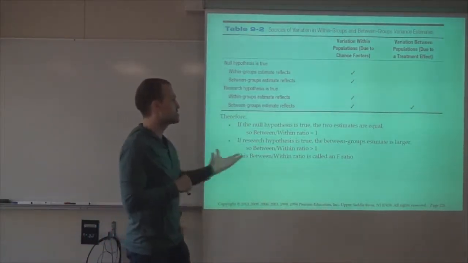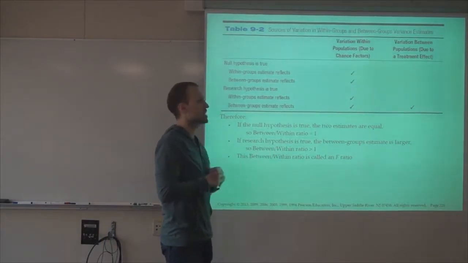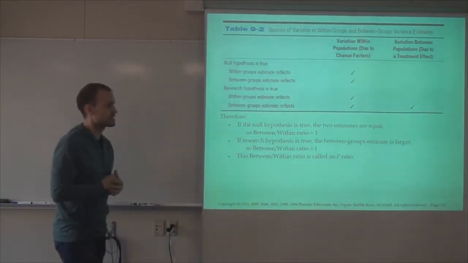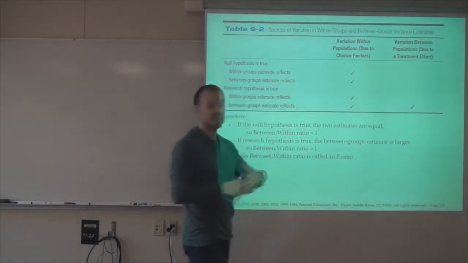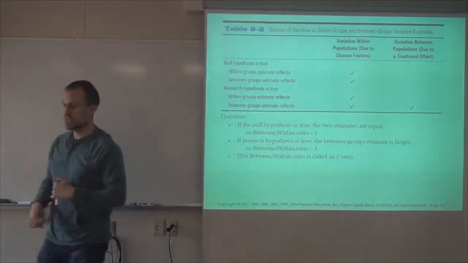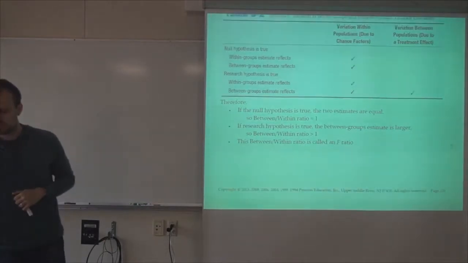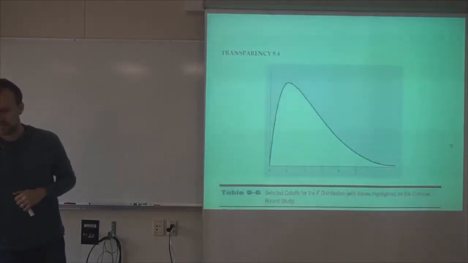Now the distribution that comes from looking at this ratio can be derived mathematically as well, which we'll of course skip, and it's called an F distribution. That ratio is an F ratio. And the distribution looks like this.